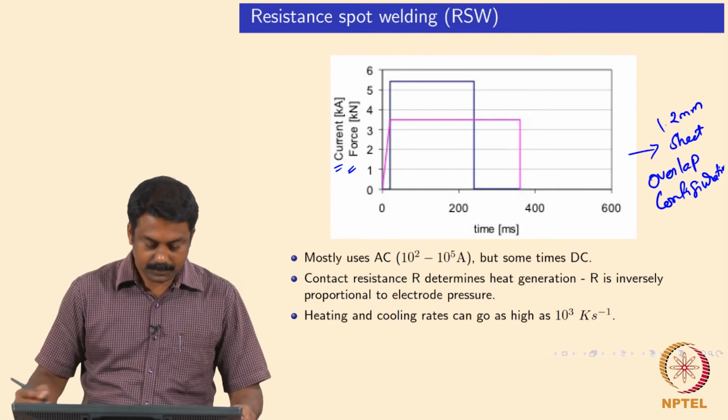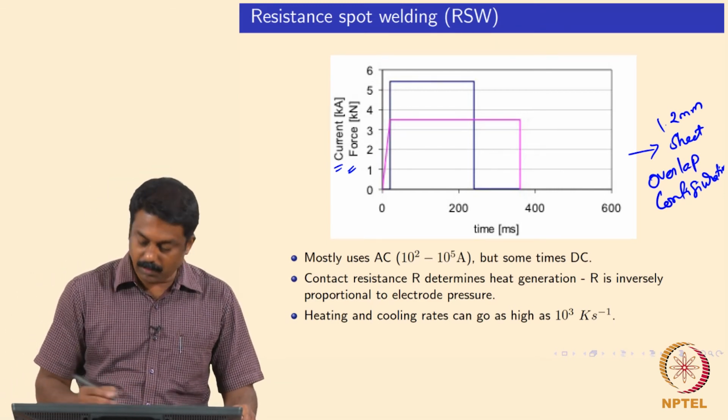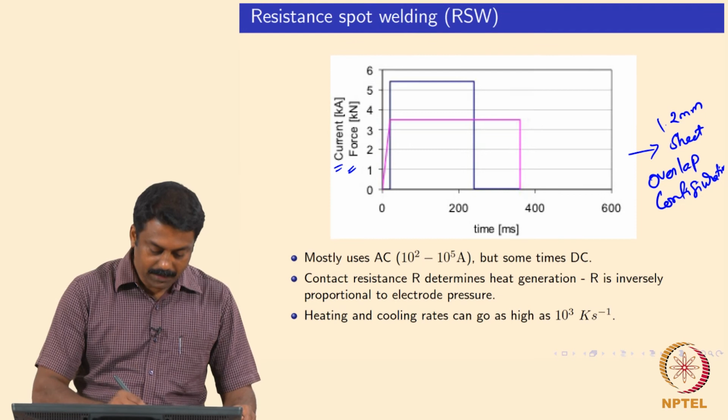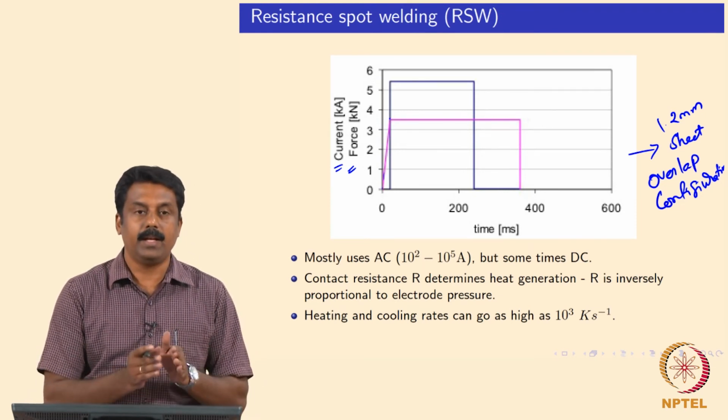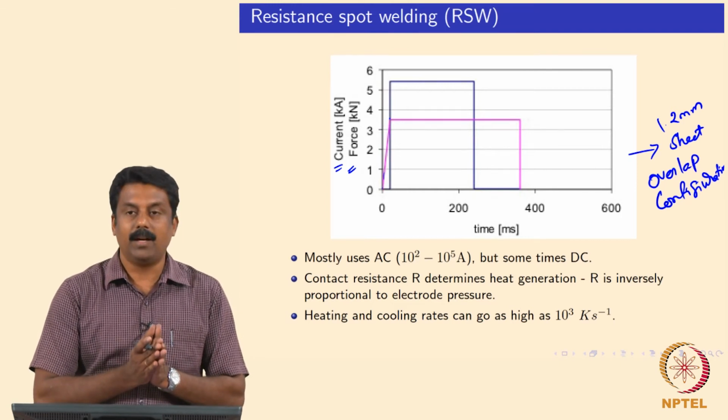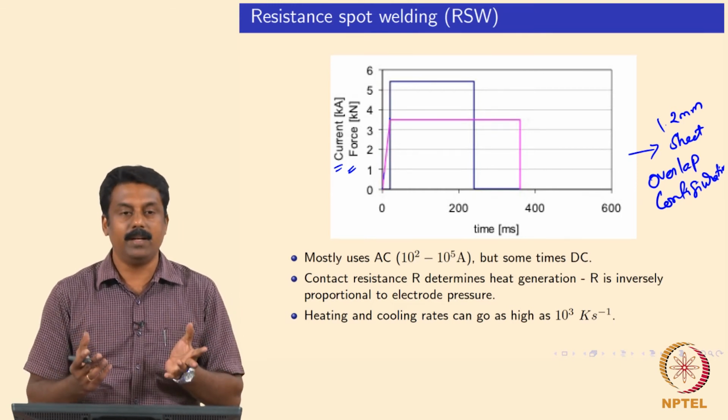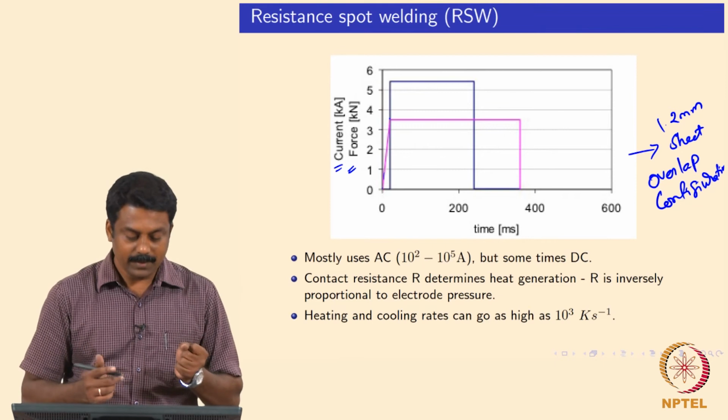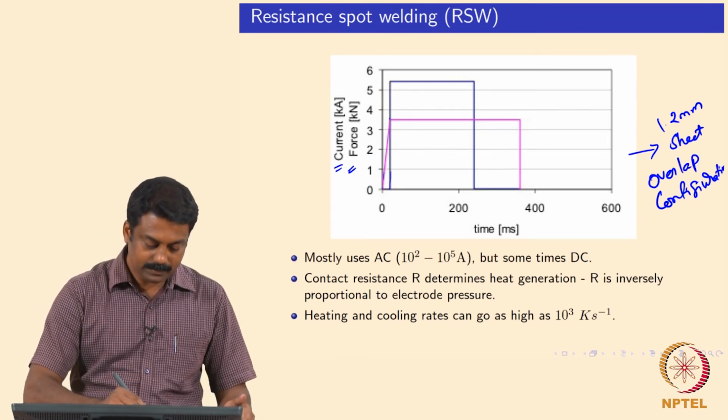Right. So, once you have an overlap, you first start applying a load, which is required to achieve the required contact resistance, and then you start passing the current.